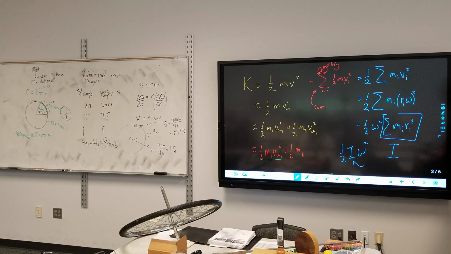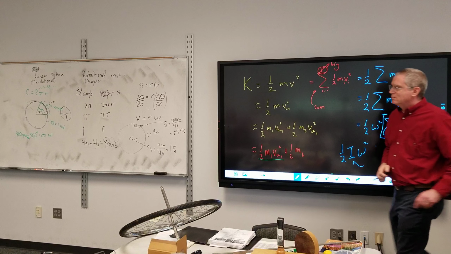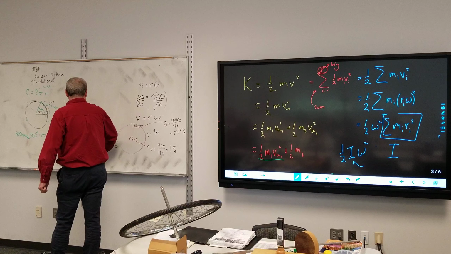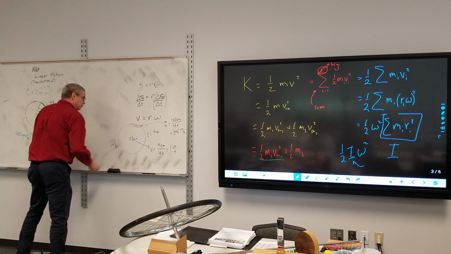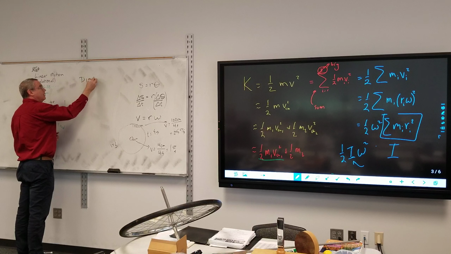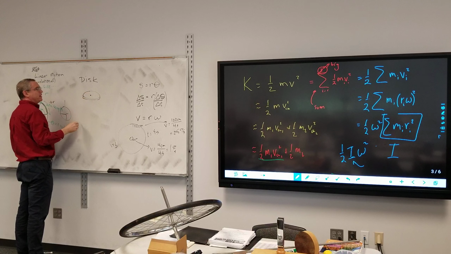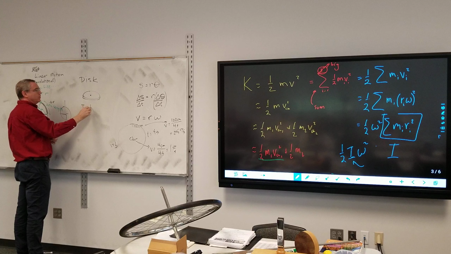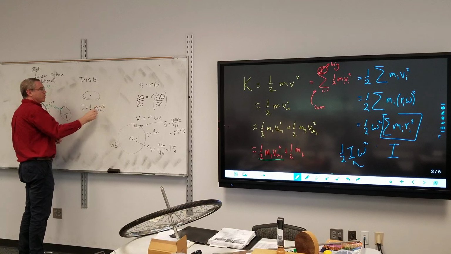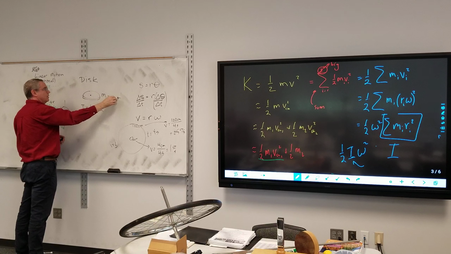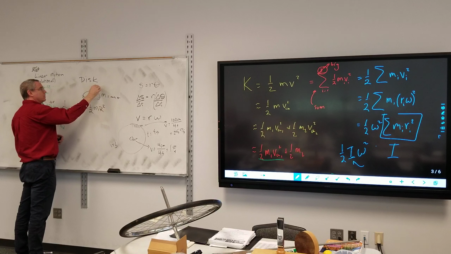Well, you're in luck. Every beginning textbook will have a chart with formulas already figured out. So, if I have a disk rotating about its center, the moment of inertia is 1/2 m r squared, where m is the mass and r is the radius.